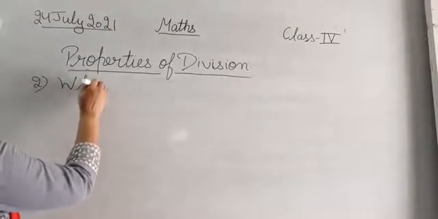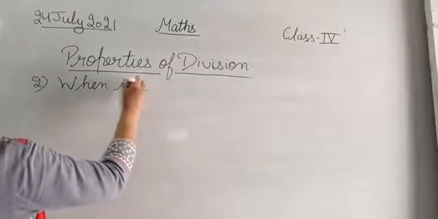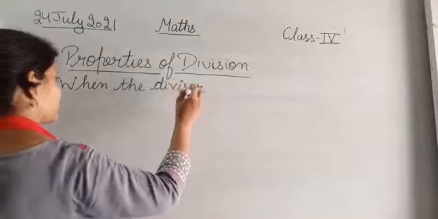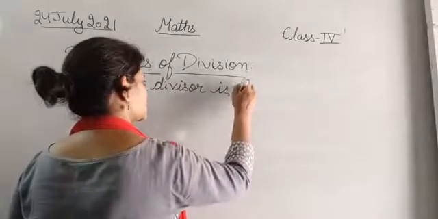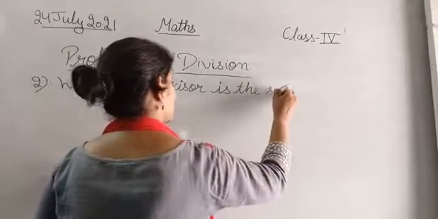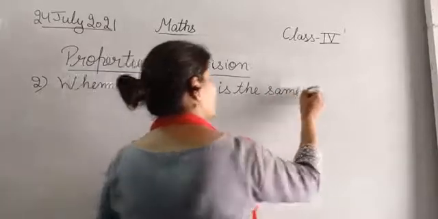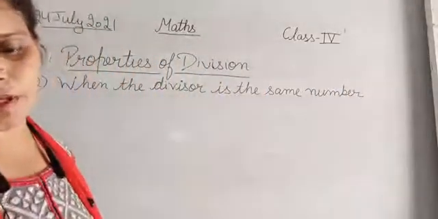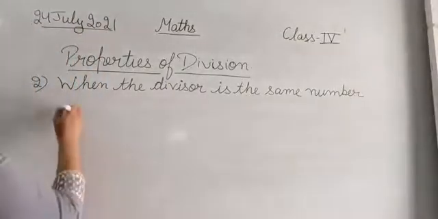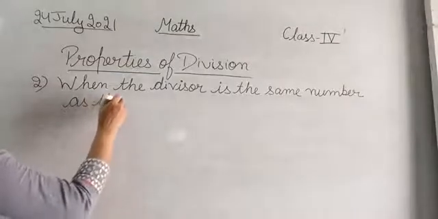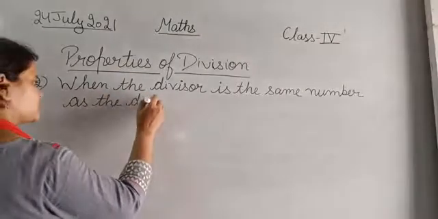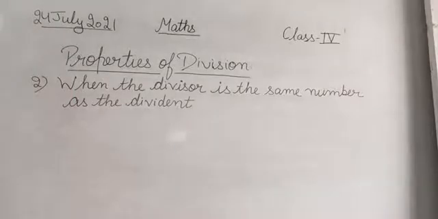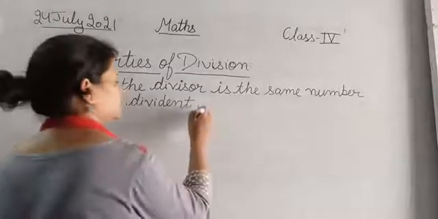When the divisor is the same number as the dividend, the quotient will be 1.